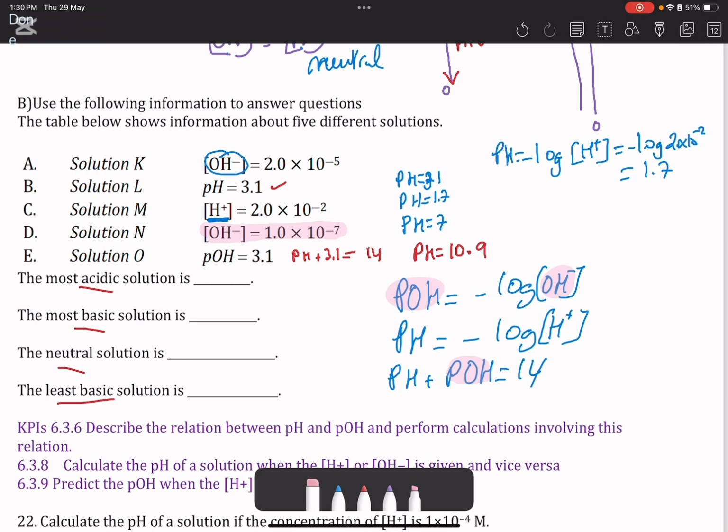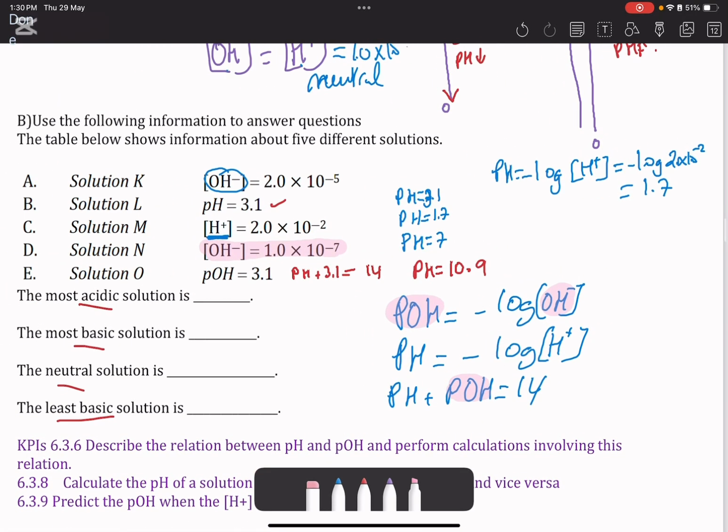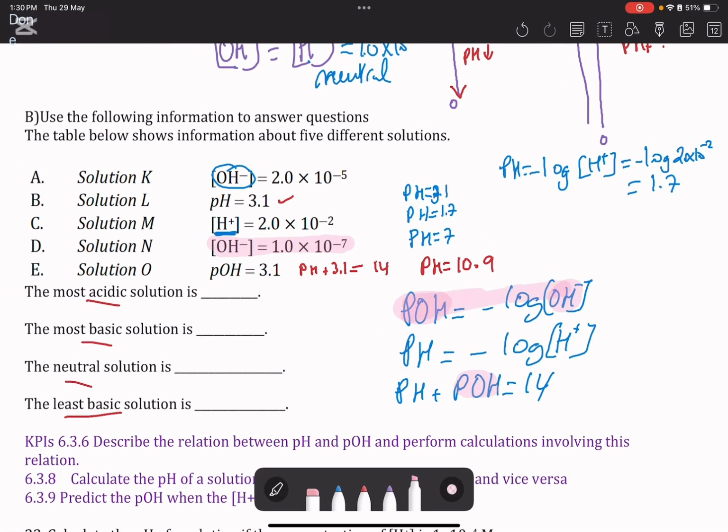So let's do it. In this one, I'm going to say minus log of 2 times 10 to the power negative 5. And that is equal to 4.7.